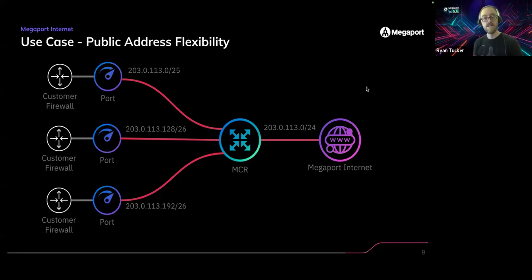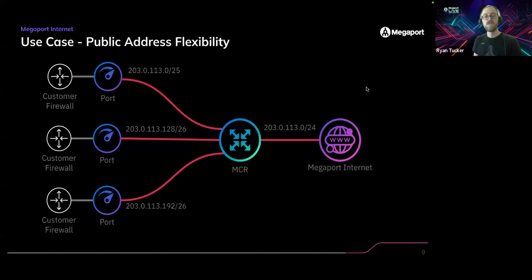So in this case, I've gone with the /24. This is an example deployment where you have a /24, but you want to subdivide that across multiple different data centers, and maybe those data centers are in the same city, maybe they're in different cities or different states or even different countries.